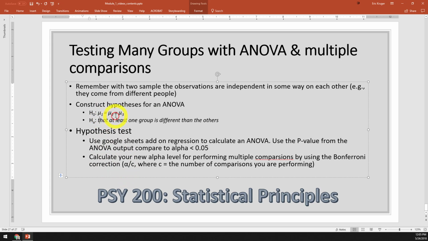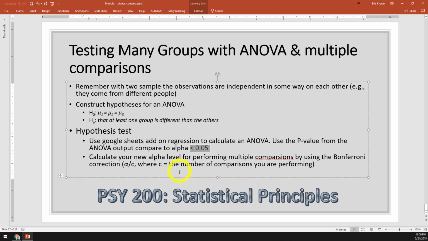We're going to zoom in and look at just one comparison. And then we're going to do an independent samples t-test to look at this one comparison, just like I showed you in the previous video. But we're going to want to use a slightly different alpha for that comparison.